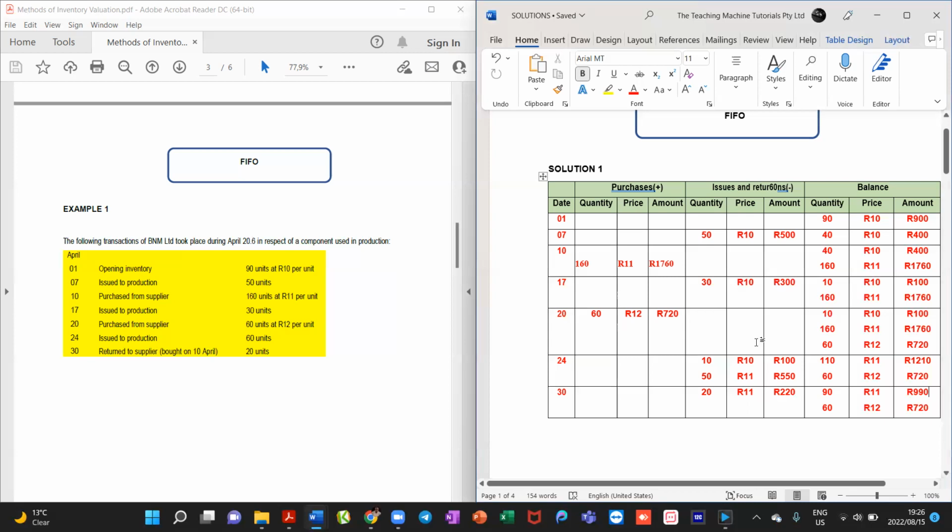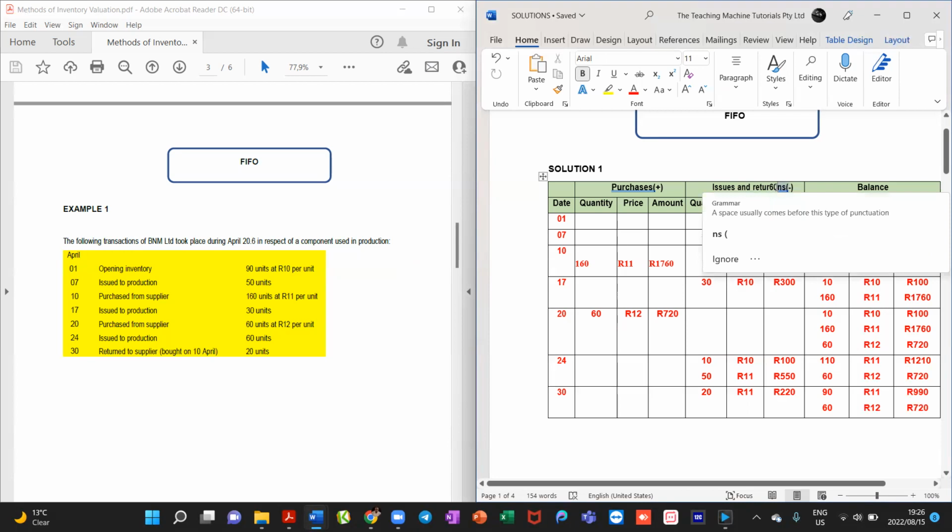If you check, these units were returned and then were issued to production. We are left with 90 plus 60, which is 150. So 150 units remained. So if we want to determine the value of 150 units according to FIFO, this is the procedure. This is the process. Any question?